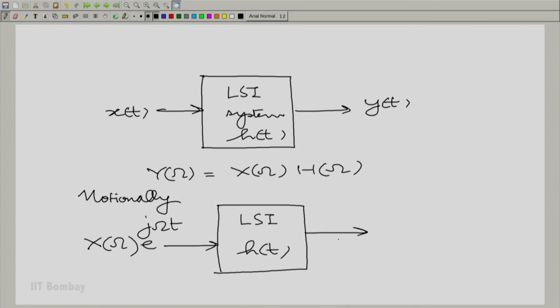And we know that what will come out, remember this is a complex number, is capital X omega times capital H omega e raised to the power j omega t. This would happen at every individual omega. So, omega by omega there is a decoupling.